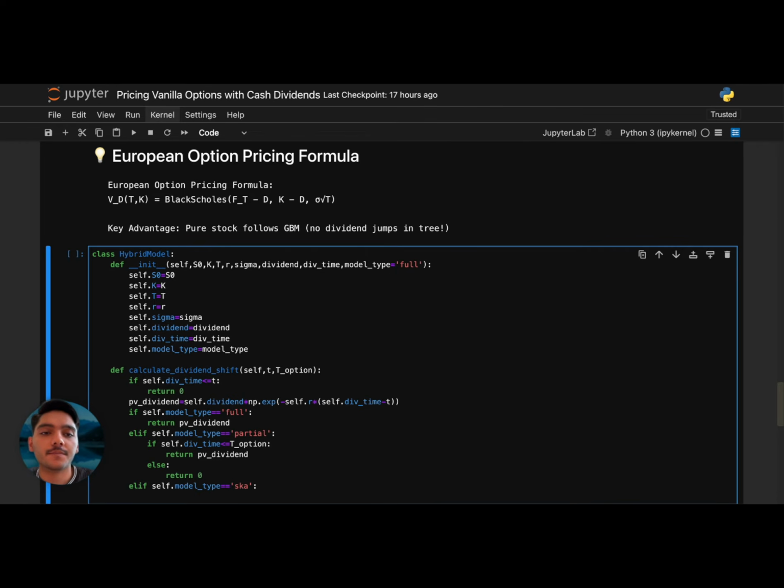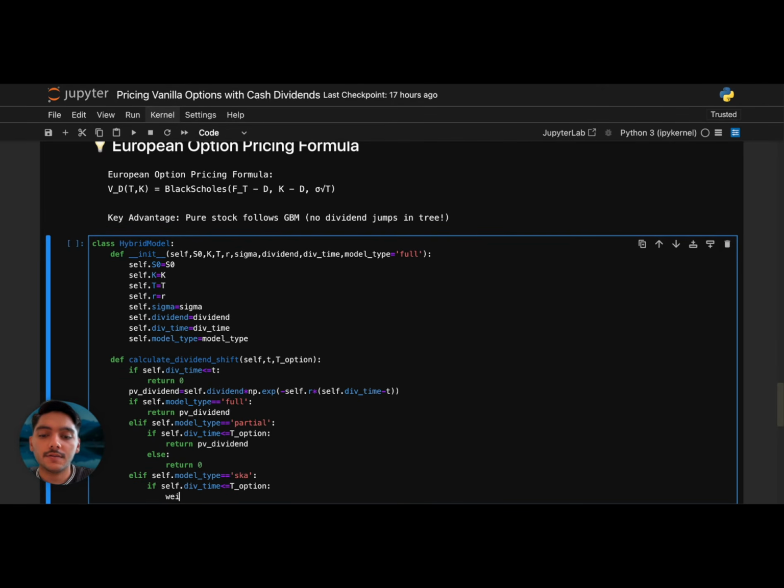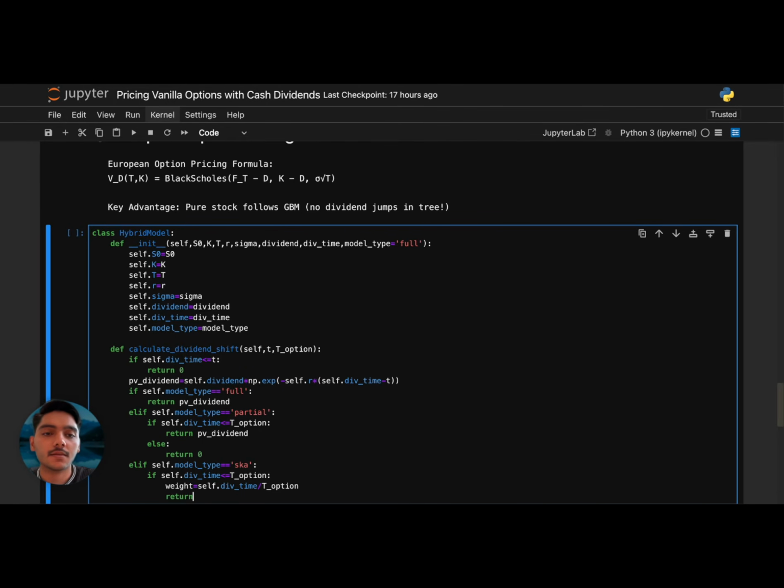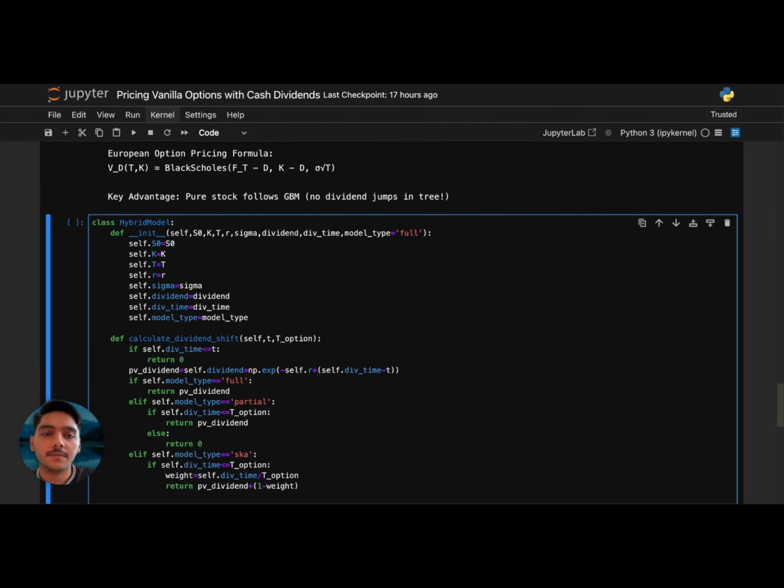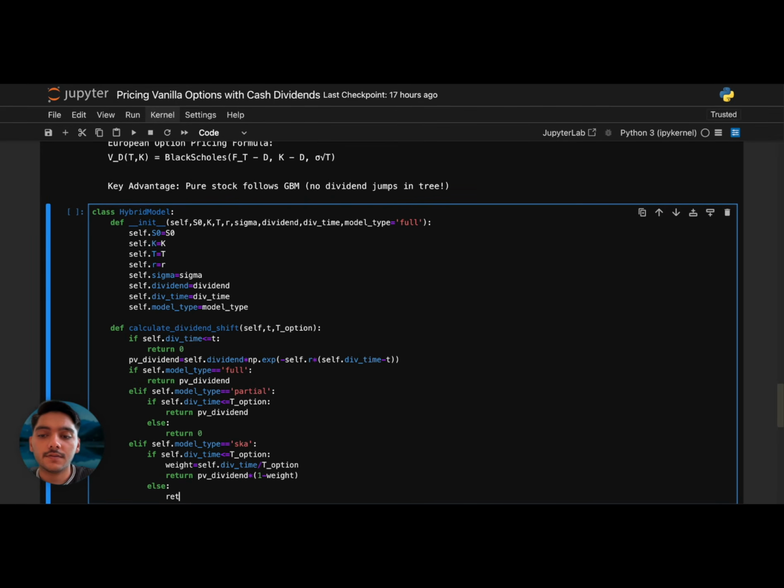So if self.dividend_time is less than or equal to T_option, the weight is equal to self.dividend_time divided by T_option, and we return PV_dividend times 1 minus weight. Else we return 0.